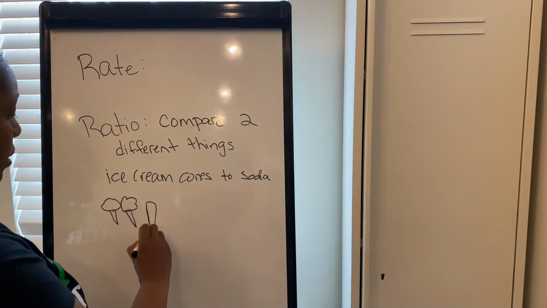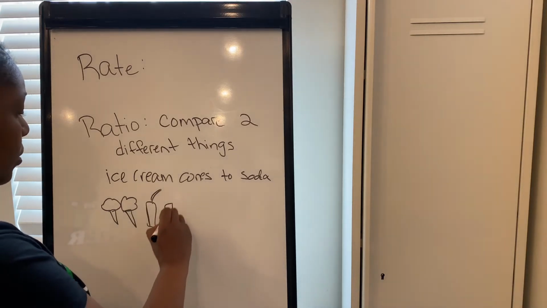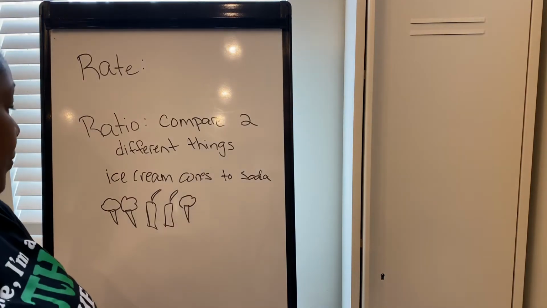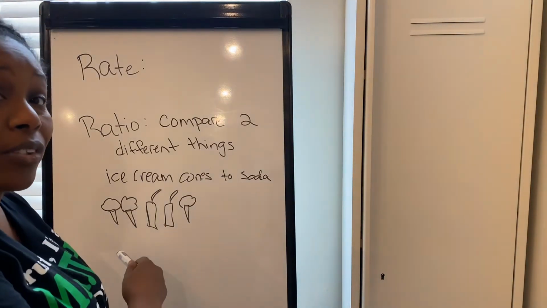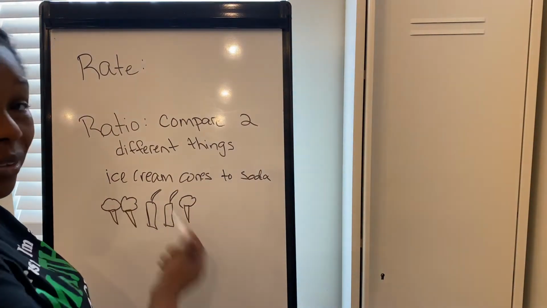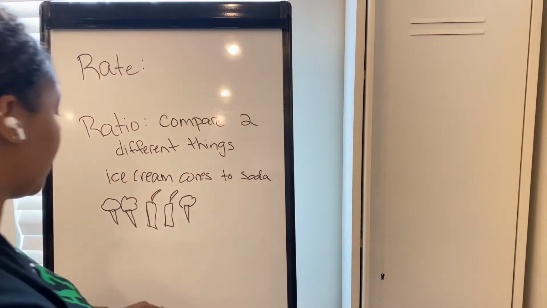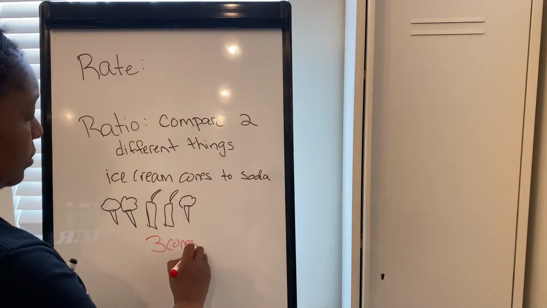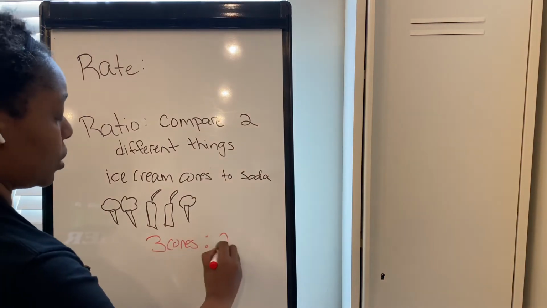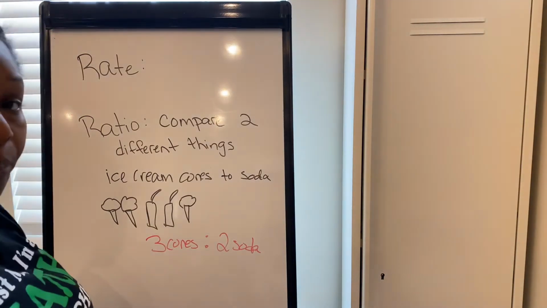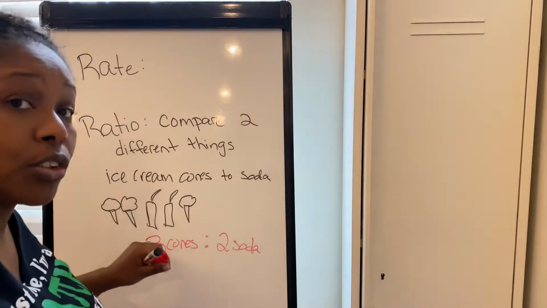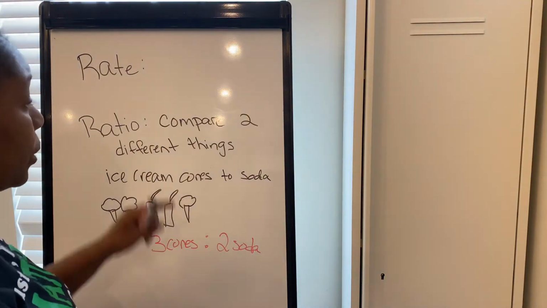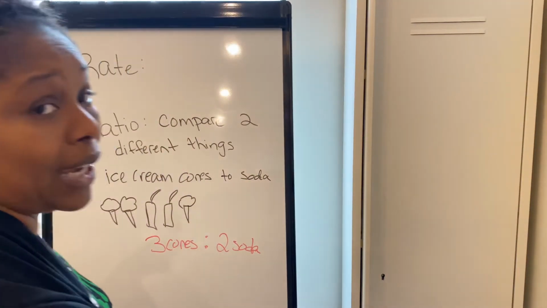And then I've got a soda with a straw, a soda with a straw, and another ice cream cone. Okay? Here, the only math we have to do is add these together, right? So if I add them together, I have 1, 2, 3 cones to 2 sodas. Okay? That's the only time you're going to have to do any kind of math for a ratio, okay? Ratio, you're just showing it as comparing those 2 items, okay?